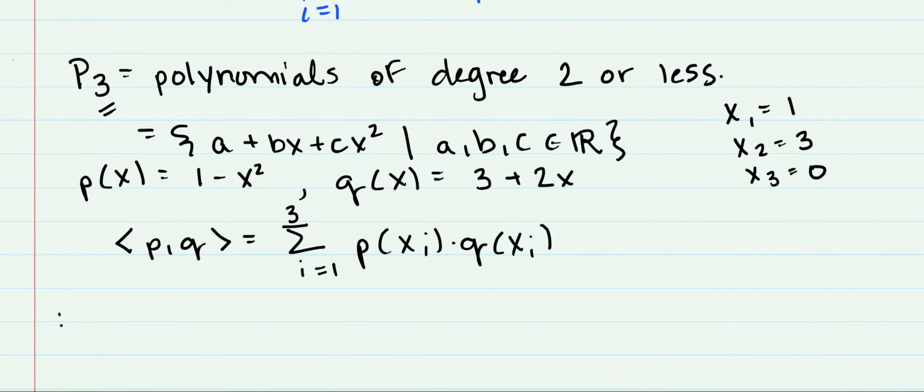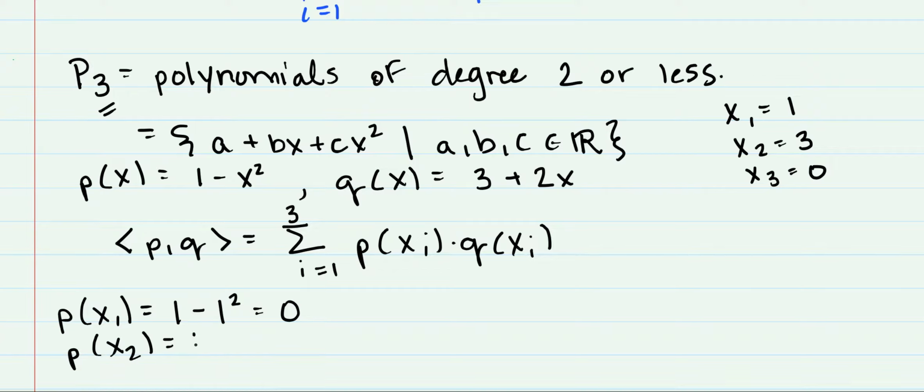So p of x1 is 1 minus 1 squared, which is just 0. p of x2 is 1 minus 3 squared, which is 9, so this is a negative 8.